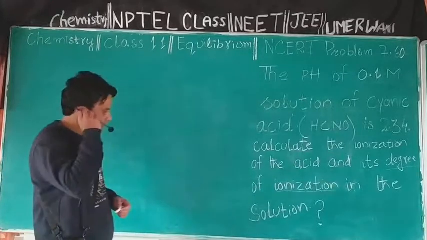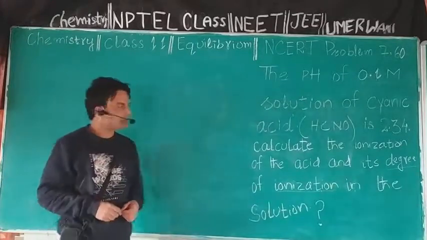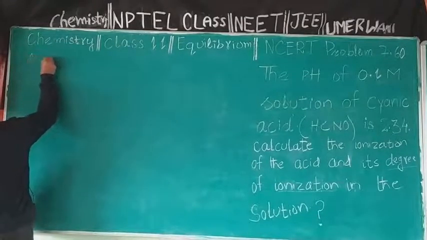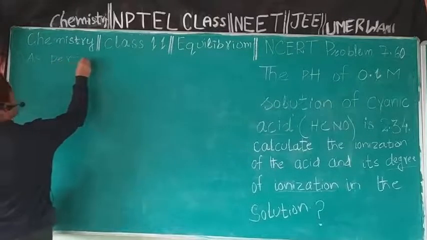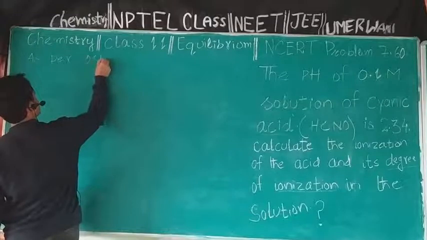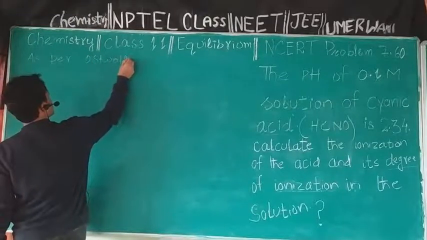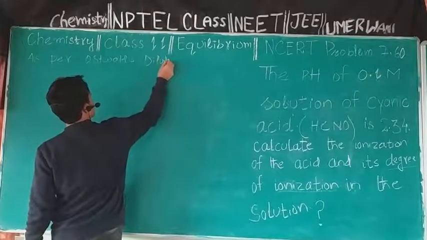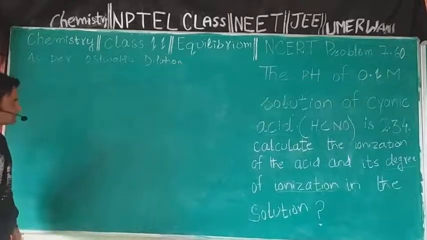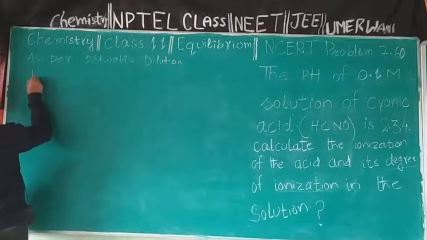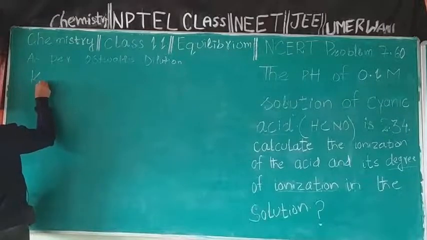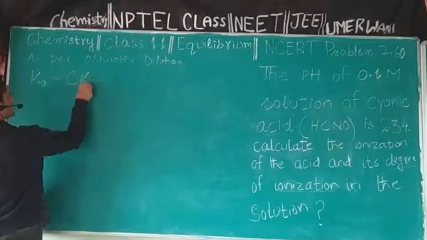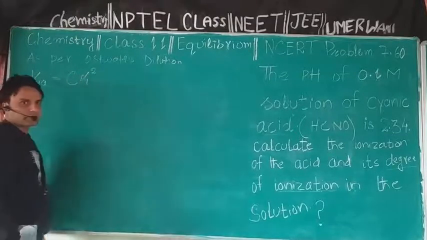And weak electrolytes are bound to follow Ostwald's dilution law, and as per Ostwald's dilution law, the ionization constant of a weak electrolyte, or I can say weak acid, is equal to C, which is its molar concentration, multiplied by the square of its degree of ionization.